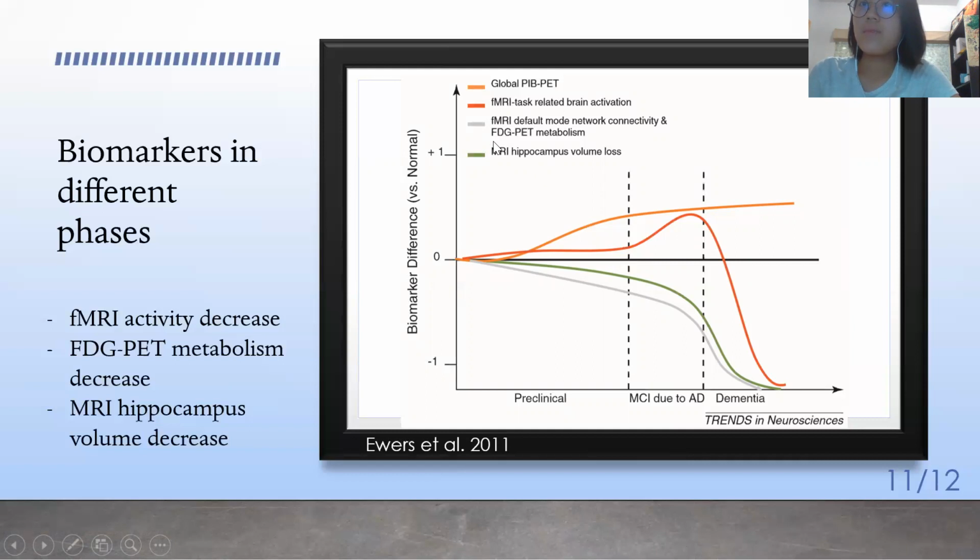And the fMRI network connectivity and FDG PET metabolism decreased as the disease went on. The hippocampus volume, which is measured by MRI, also shows decline as the disease progresses.